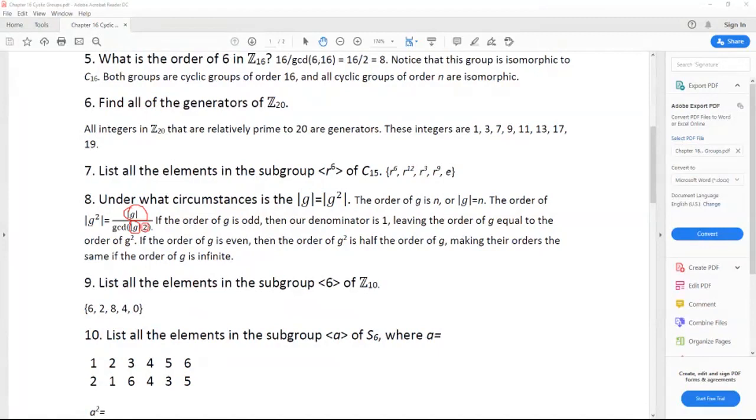So we applied the formula here. We just used a substitution. We substituted the order of g in place of n.